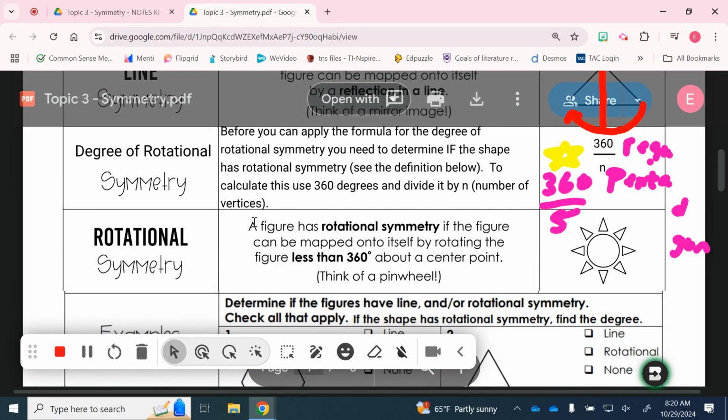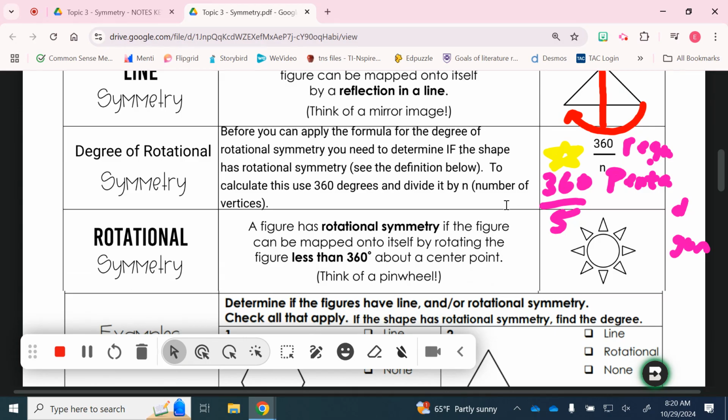This is telling us that a figure has rotational symmetry if the figure can be mapped onto itself by rotating the figure less than 360 degrees about a center point. So think like a pinwheel.